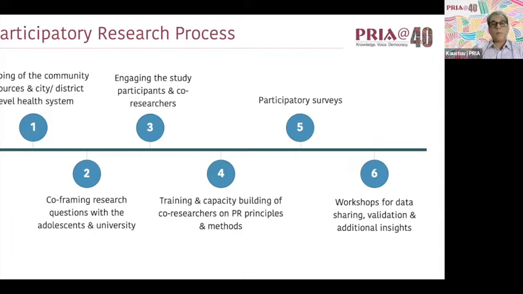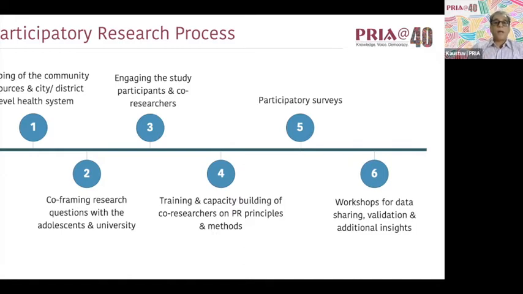At the same time, the health infrastructure that existed in the community was also mapped. After this initial mapping, which also provided us an opportunity to interact with the community, we started co-framing the research questions with the adolescents and the university partners. From the university, several faculty members as well as several students joined the research process.